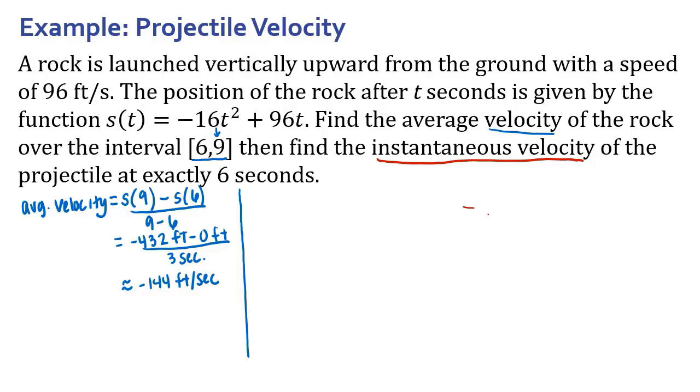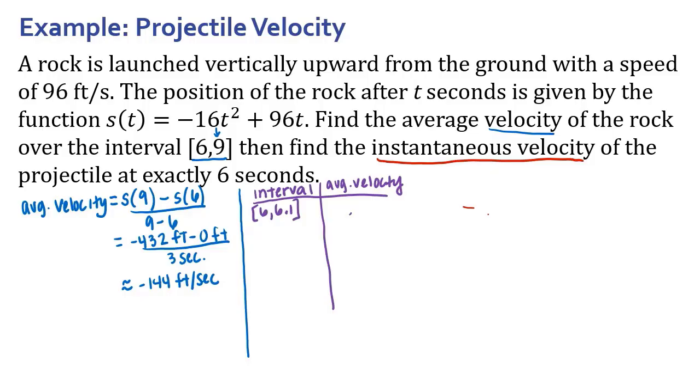So what I'm going to do is let's create kind of a table of values, and if we look at this, I'm going to put the interval, so the time that we're going to look at, and then we'll put that average velocity, and then we can kind of see what's happening. So let's look at values as we are getting closer and closer to 6. So let's first start at from 6 to 6.1.